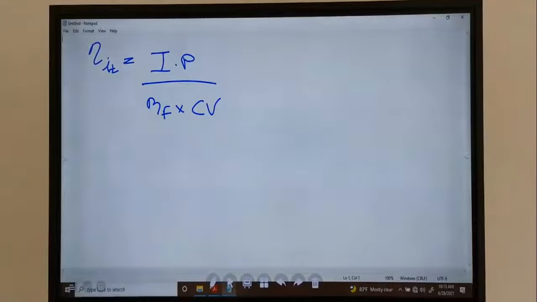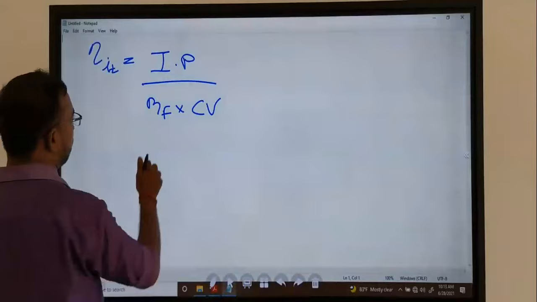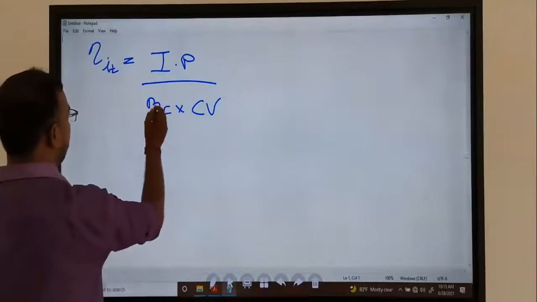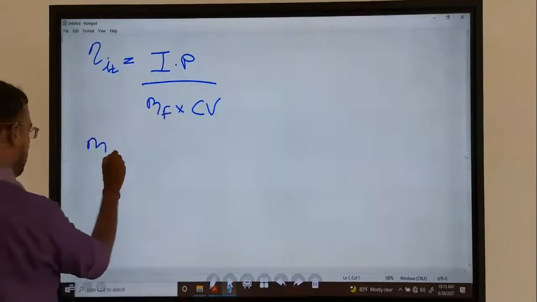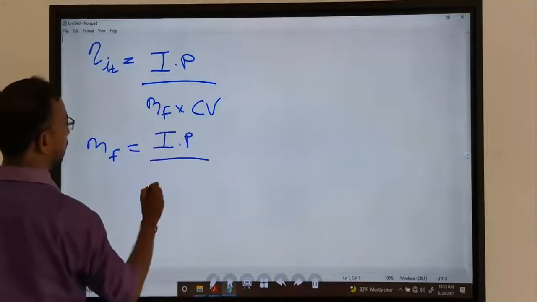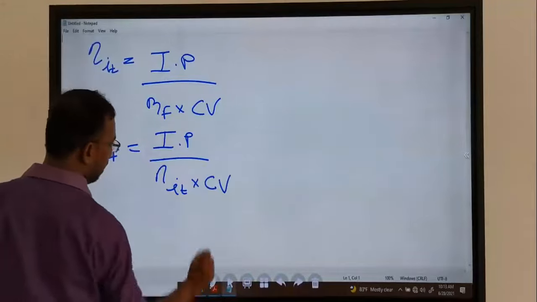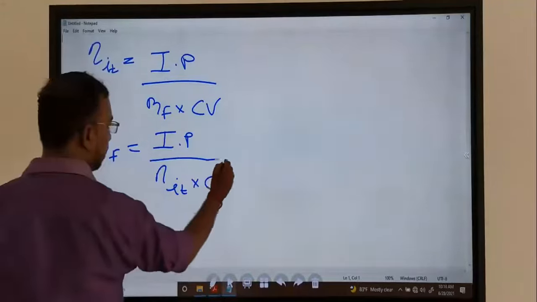Indicated power we know, so we have to find MF. So here MF equals IP divided by indicated thermal efficiency into CV.